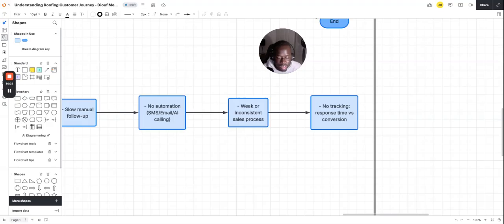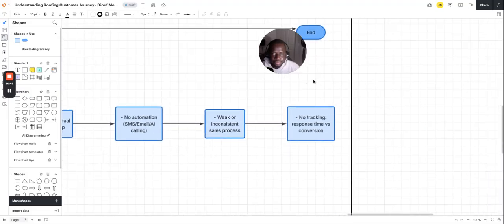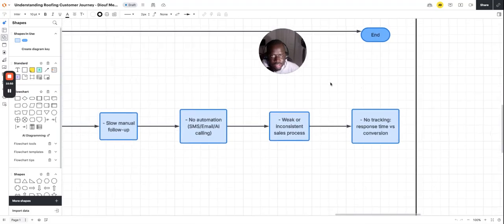Especially if a job lands, you need to have attribution and tracking to understand, okay, this was the customer journey from not knowing who we were, to seeing us on Meta, to filling out the form, to being qualified, to scheduling the estimate, and then filling out contracts, and then to closing. So you want to have tracking, and CRMs are amazing with this. Those can really help, but tracking is very important.